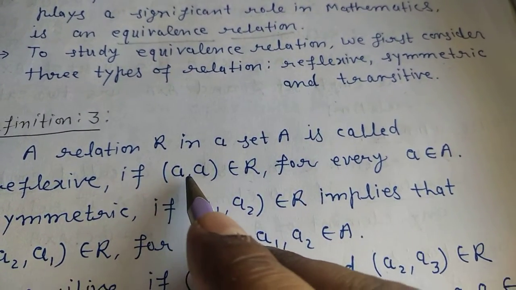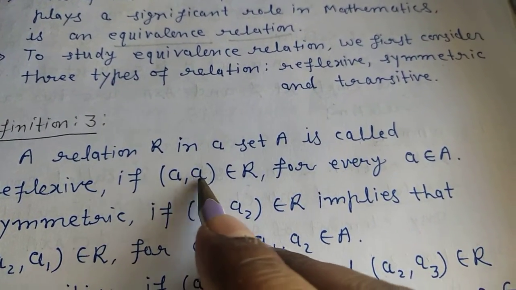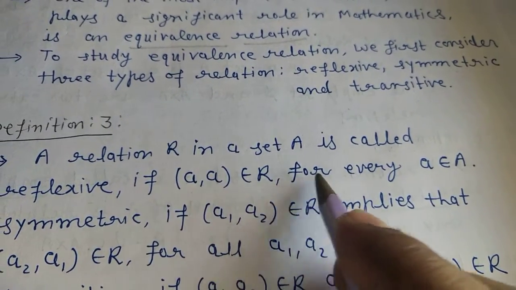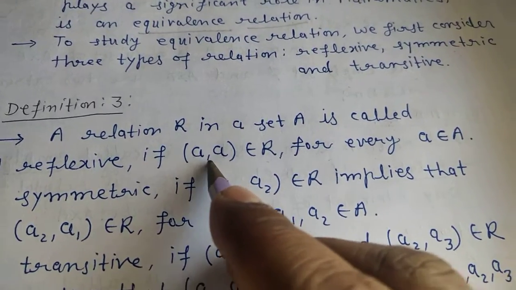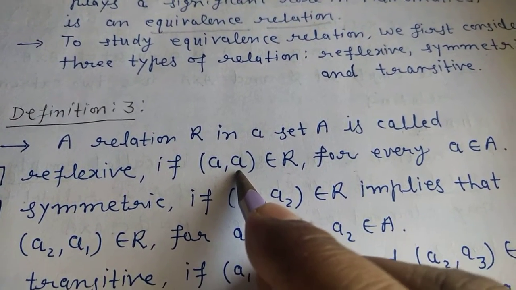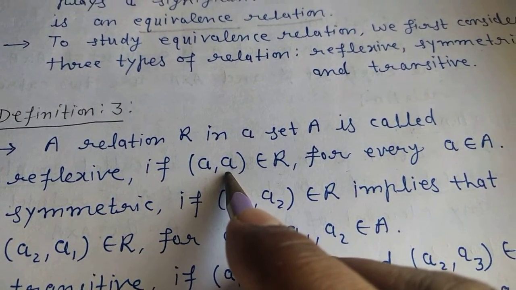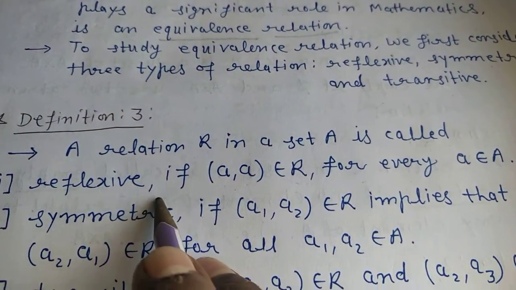Likewise, the object and its image are the same. That way you can consider (a, a) belongs to R for every a belongs to A. In this we consider only one object, which is equal to itself. You can understand it that way also: a is equal to a. So that way it is called reflexive.